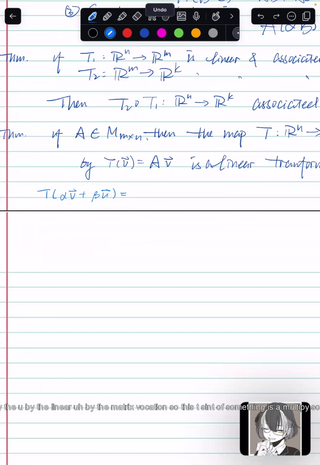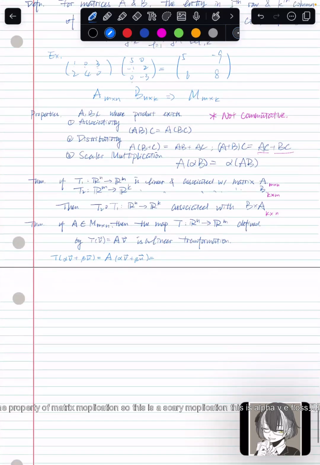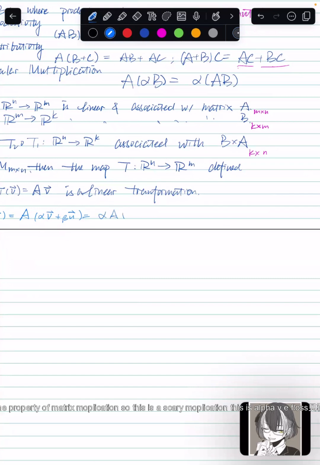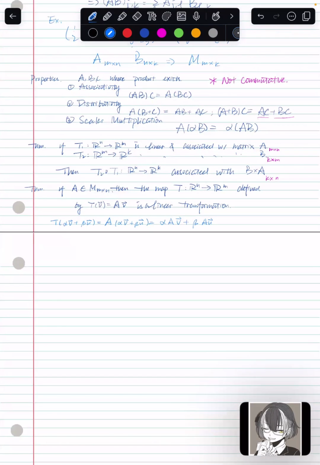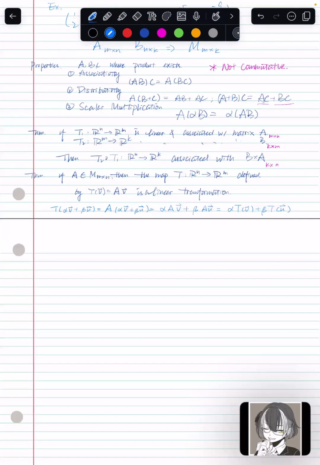Since T of something is A multiplied by something, then A multiplied by alpha V plus beta U is, by the property of matrix multiplication, alpha AV plus beta AU. And A is just T, so alpha T of V plus beta T of U. And we've verified the linearity.